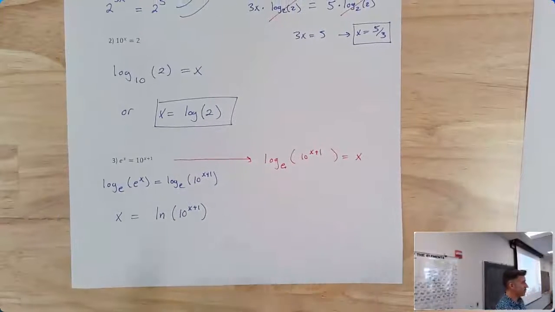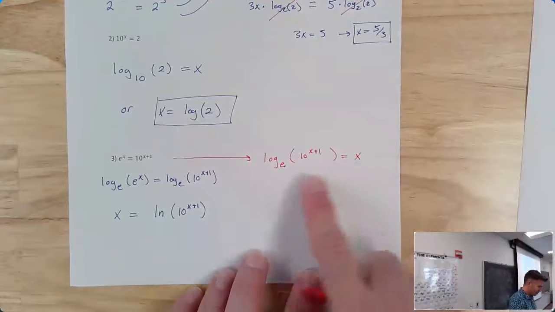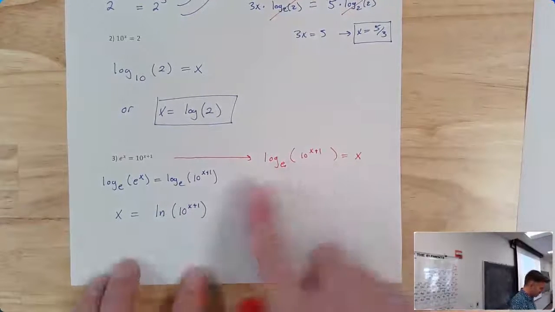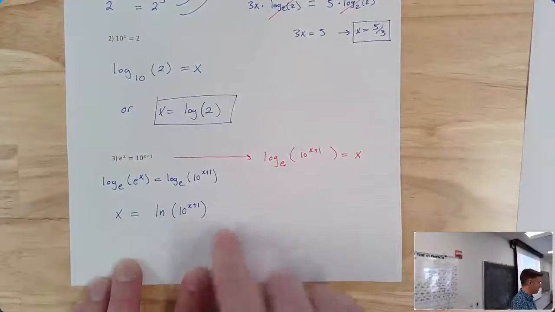Right? I'm really just rewriting it. I'm taking it from an exponential equation to a logarithmic equation. And note, those are literally the same equations. x equal to the natural log of 10 to the x plus 1.